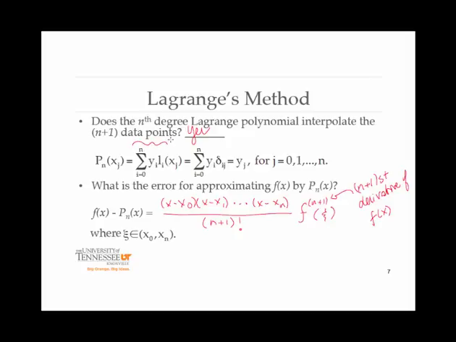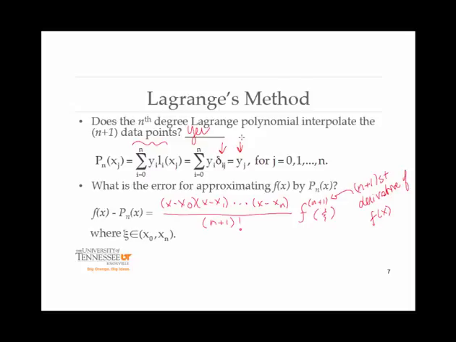But remember that another name for li of xj is the Kronecker delta, which can only be equal to 1 when the subscripts match. So if i is equal to j, that would be equal to 1, and we would have yj.